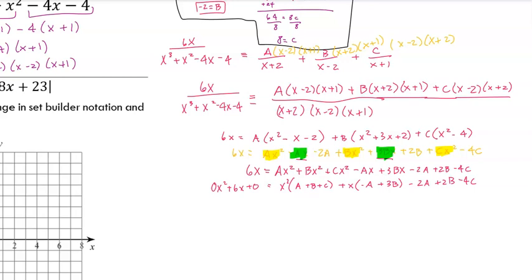Okay, that is going to give us a plus b plus c equals 0. Negative a plus 3b equals 6. And then negative 2a plus 2b minus 4c equals 0. That looks like the only one that I really want to target.